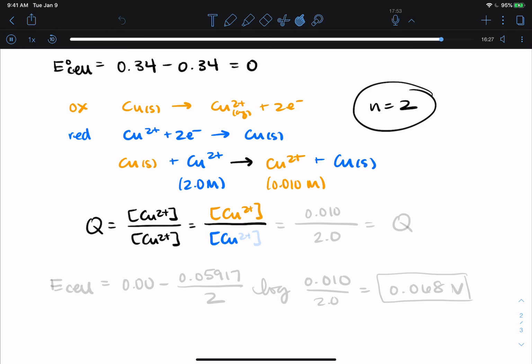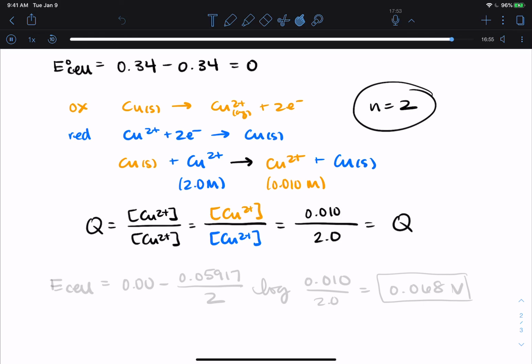The copper 2+ from the cathode is in the bottom. And because we have labeled the numbers with these, we can get them in the right place. So it's 0.010 over 2.0. That is my Q value that I will plug in to my final expression.